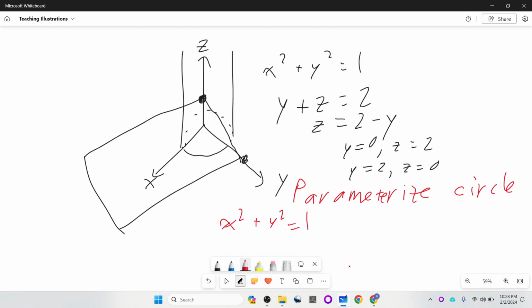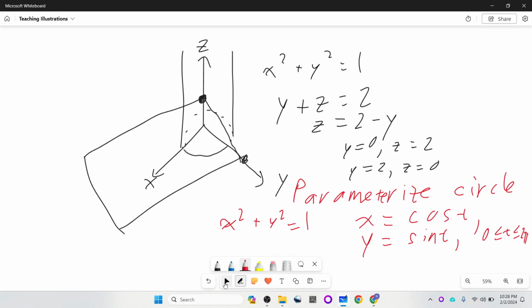Parameterize means you want to come up with a parameter, t, where you can write both x and y in terms of t. So instead of having two variables, you just have one. The common way to do this is to say x is cosine t, y is sine t, and then you say t goes from 0 to 2 pi, because that's a full circle.